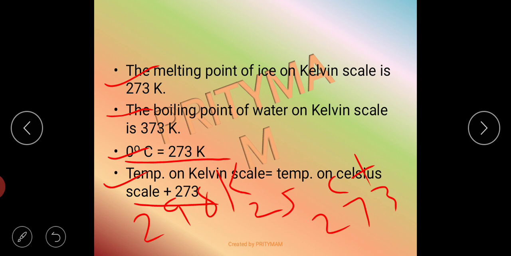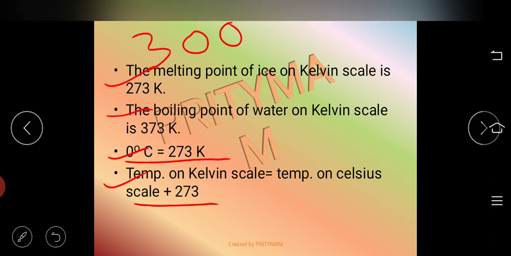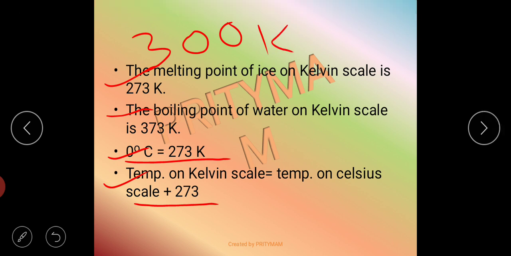In the same way, I'll teach you to solve one more sum. If a question is something like this, that you are going to convert 300 Kelvin to the Celsius scale. The question is 300 Kelvin. You are going to convert into Celsius. So what are you going to do?